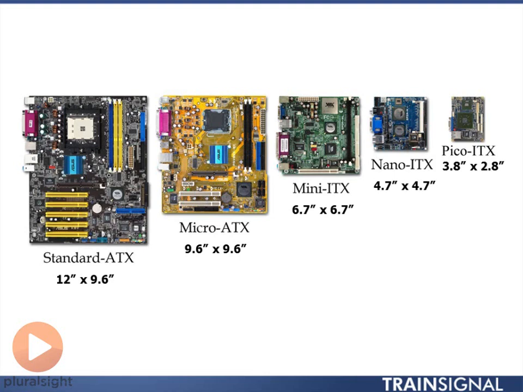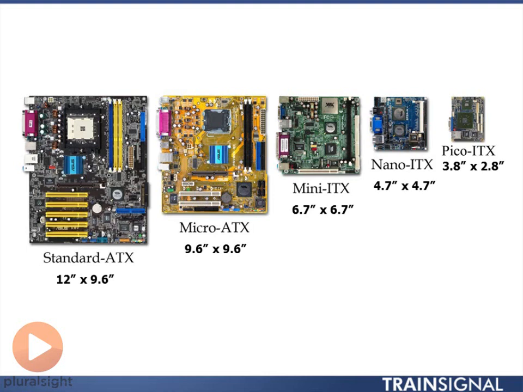Okay, so these AT motherboards were very large, and if you think of some of the old days, depending on how old you are, if you saw computers back in the, I don't know, we'll say late 80s, early 90s, some of the towers were quite large. And we're not talking about big servers, we're talking about just the regular home PCs. Well, those had AT motherboards.